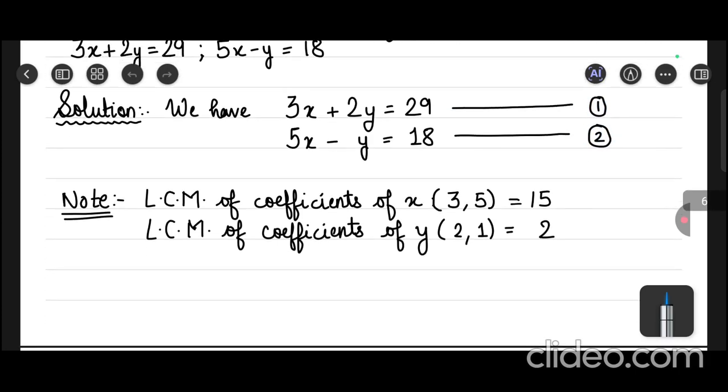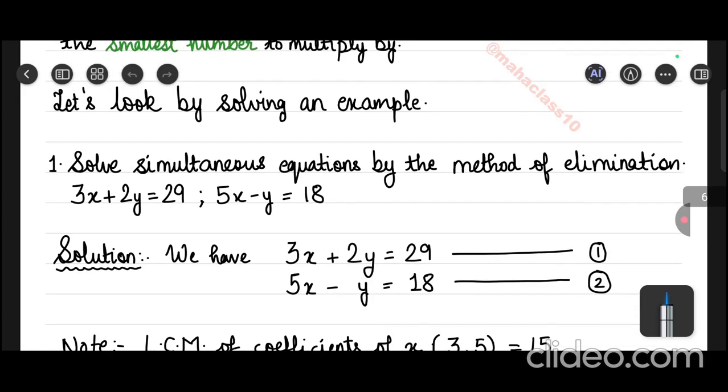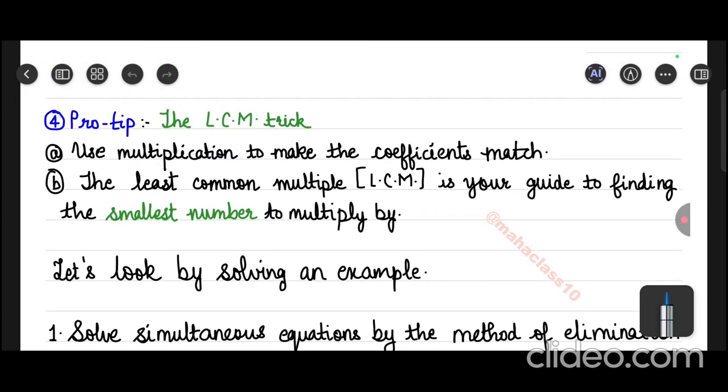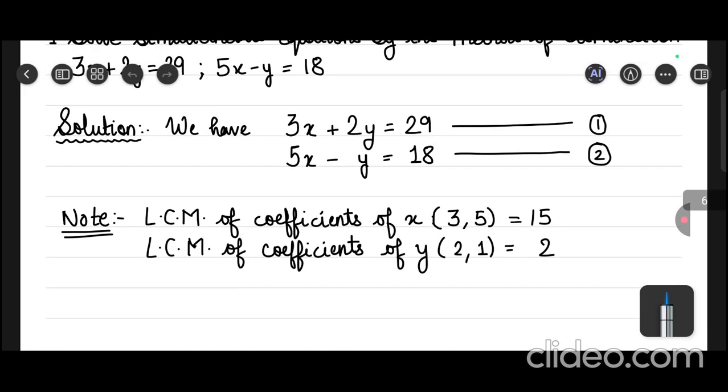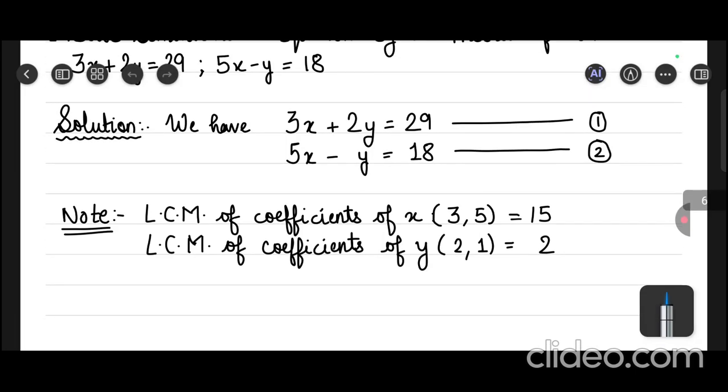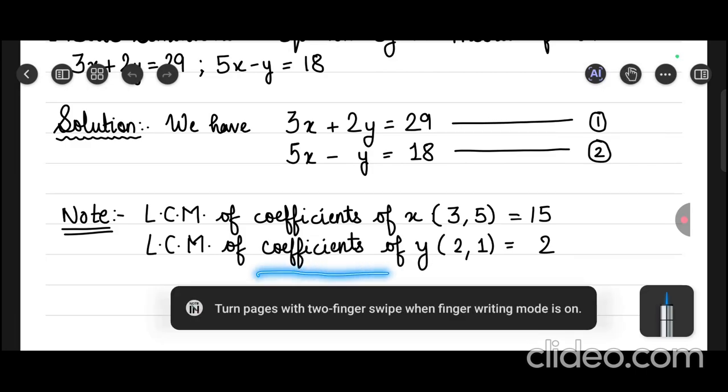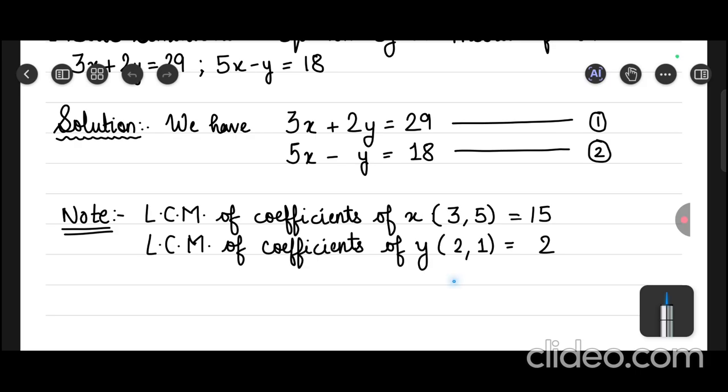Now let's find the LCM. Using the pro tip, that is the LCM trick, we will find the LCM for the coefficients of x and y. The LCM of the coefficients of x, 3 and 5, is 15, whereas the LCM of the coefficients of y, 2 and 1, is 2.